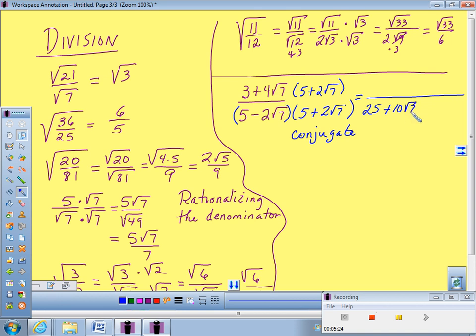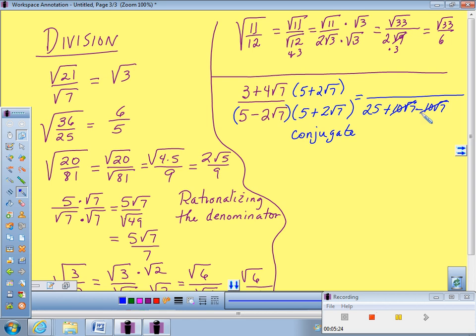Now, watch what happens. This is a miracle. When I go to do the inners, what am I going to get? Minus 10 times the square root of 7. And what's going to happen then? Yes, those two cancel each other out. That will always happen when you're working with conjugates. The outers and the inners will cancel each other.